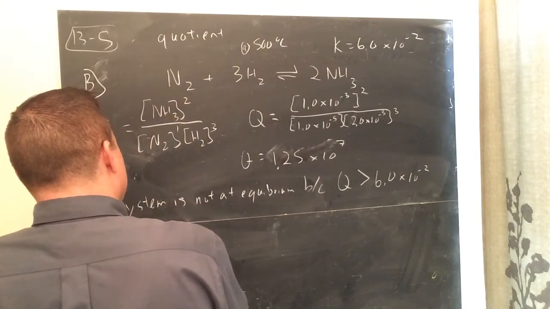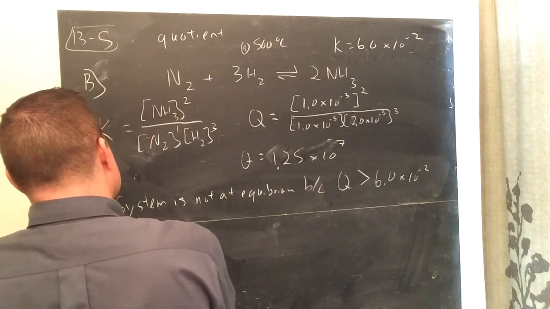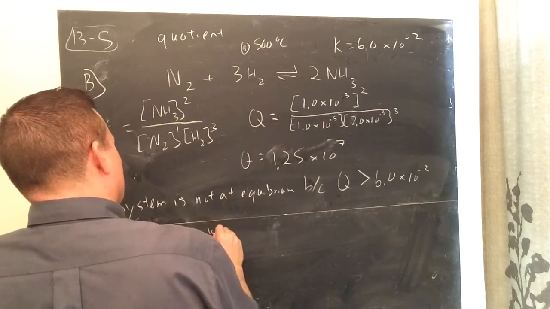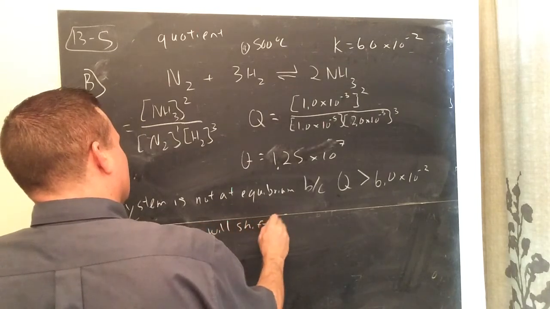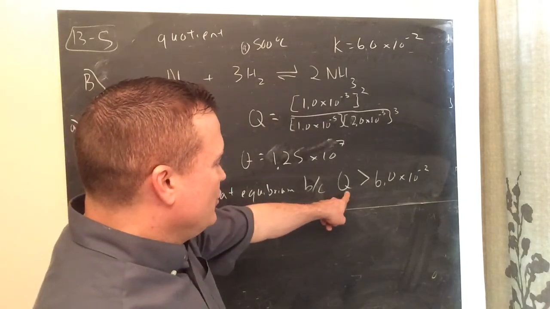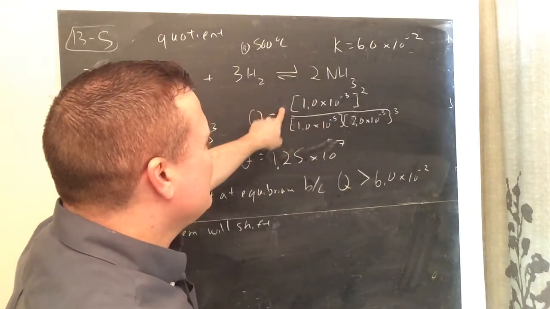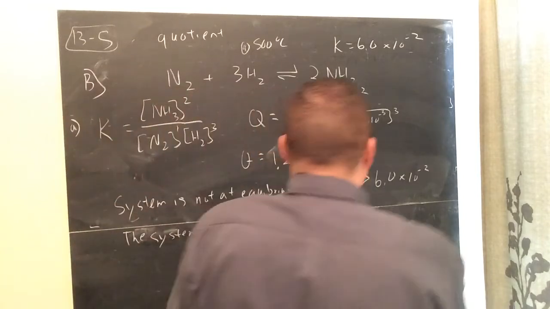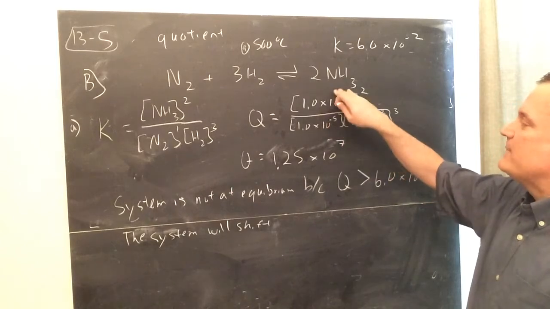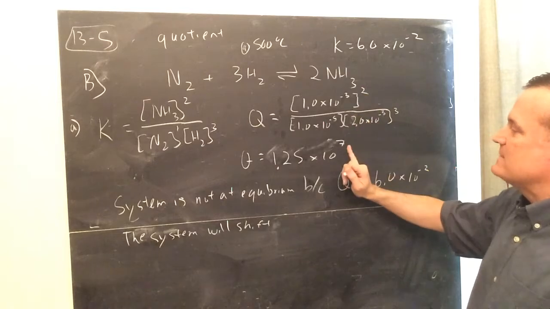To reach equilibrium, the system will shift, in a way, you have to make Q smaller. It's too big. Q has to get smaller. So think, if this number has to get smaller overall, does that mean the top is going to go up or down? That means the top is going to go down and the bottom is going to go up.